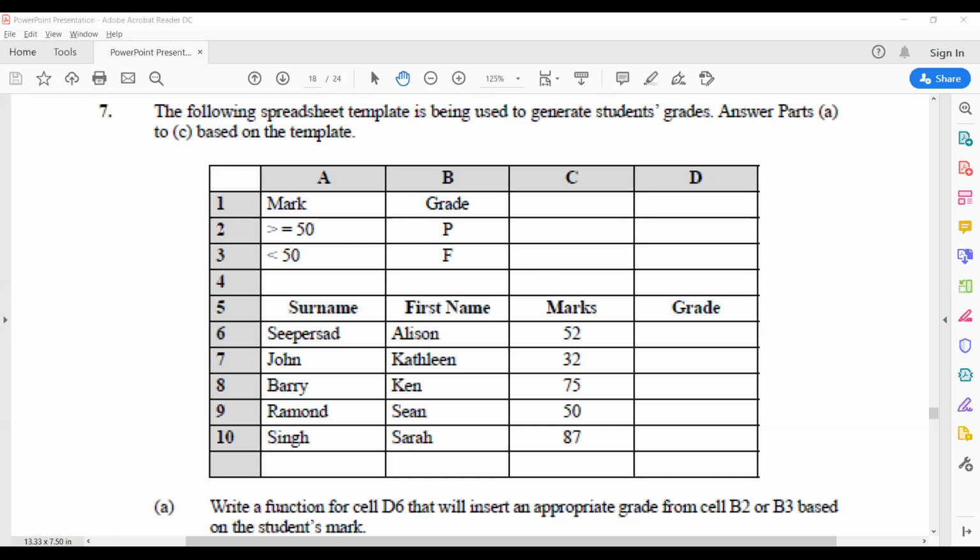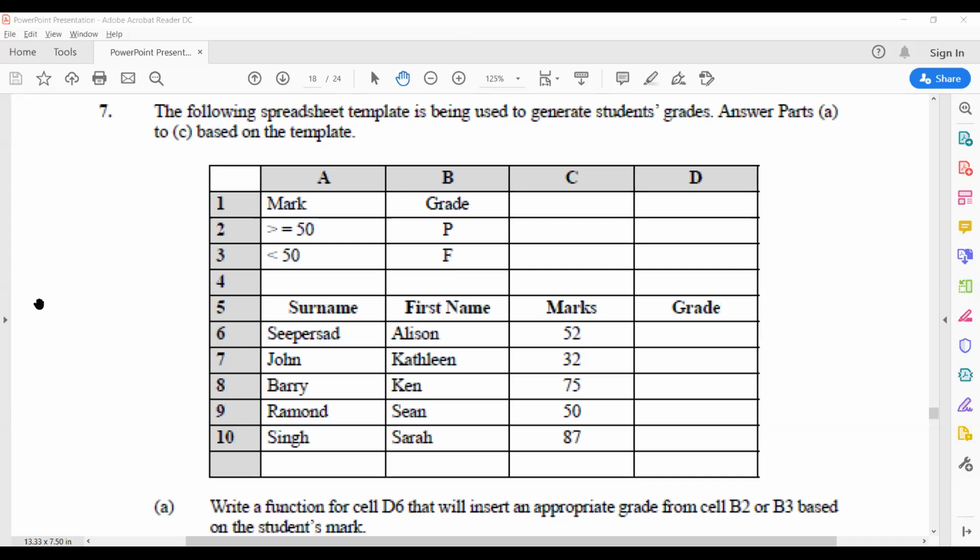Right. So if we're writing in D6, we want to know if the value in C6 is greater than or equal to 50, right, then a pass, else a fail. So let's try this out.